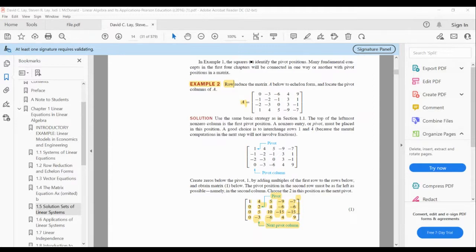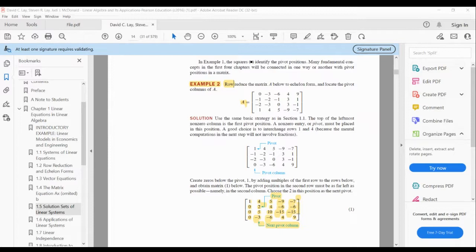You have to multiply the whole second row by -5 halves and add that to the third row. Also, to make the -3 a 0 in the second column, you're going to have to multiply the second row by 3 halves, and then add the transformed second row to the third row.